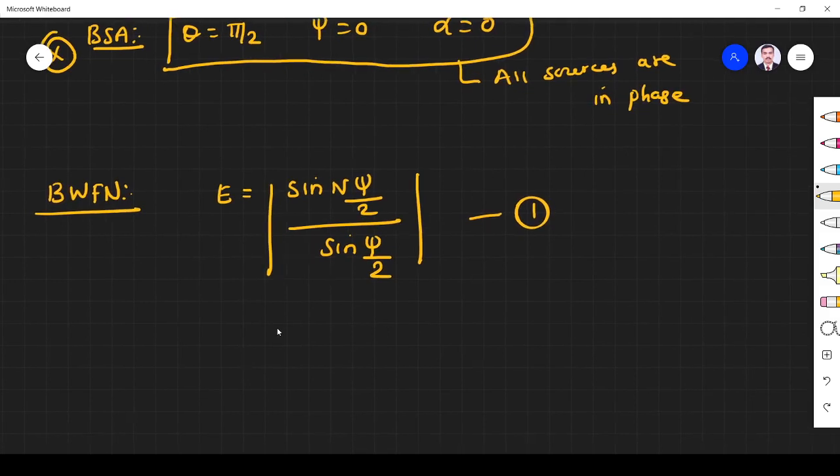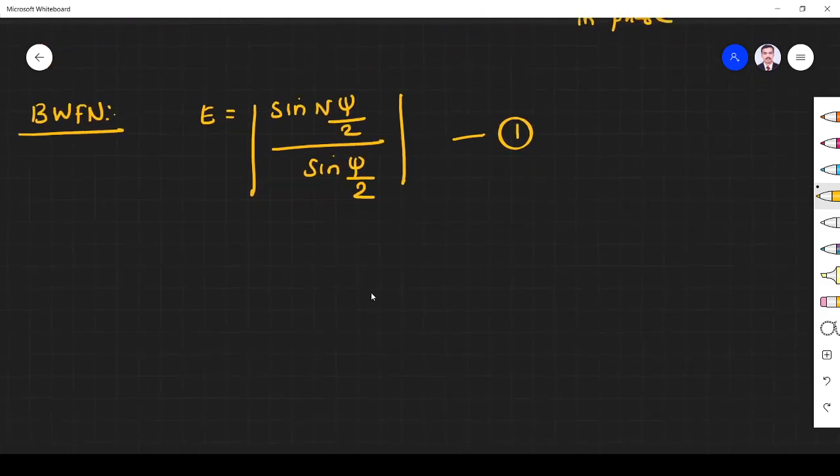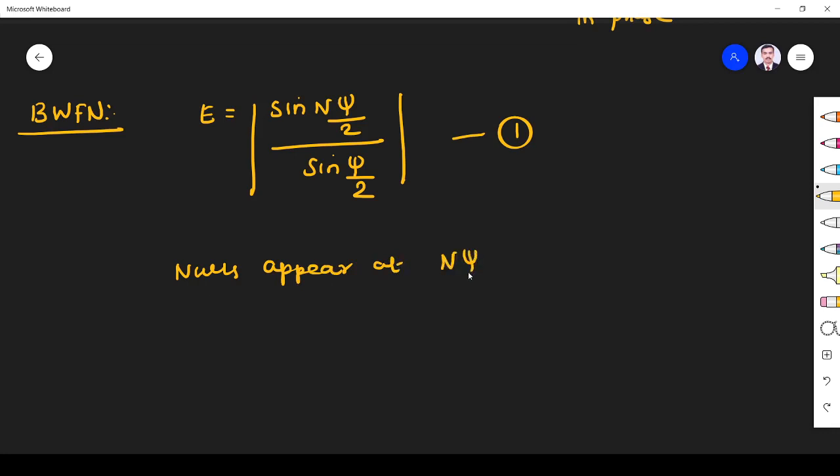First we have to find the beam width between first nulls, so we find the first null. Nulls appear at n psi by 2 equal to plus or minus k pi, where k is 1, 2, 3, etc.